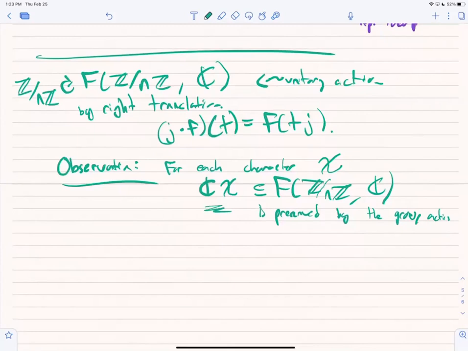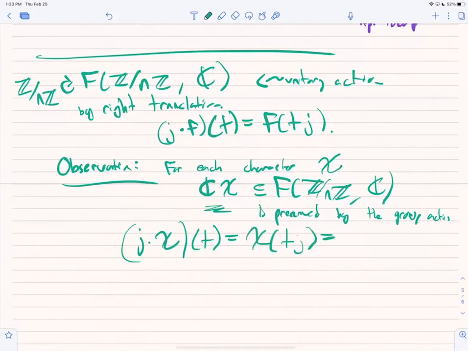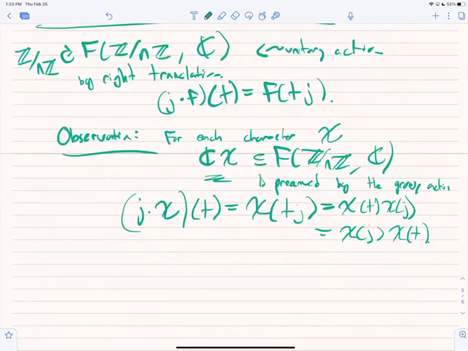So this C times chi, why is this preserved? Well, it just comes from the identity for J times chi of T. This is equal to chi of T times J. But chi is a character, so this is just chi of T times chi of J. Let me write that as chi of J times chi of T. This holds for all T, so J acting on this function by right translation just sends it to chi of J times chi.